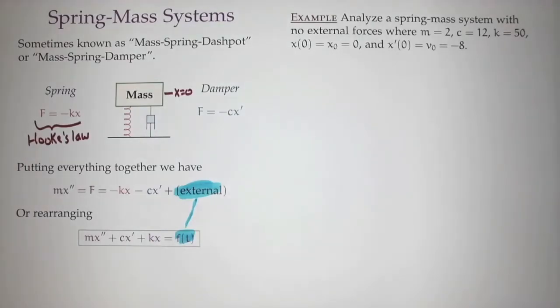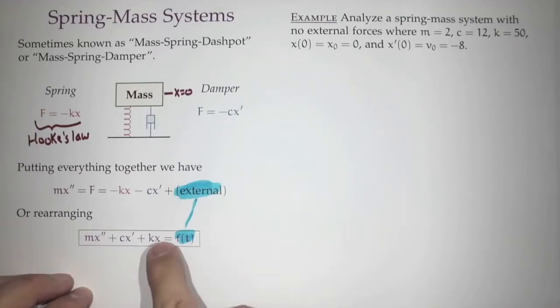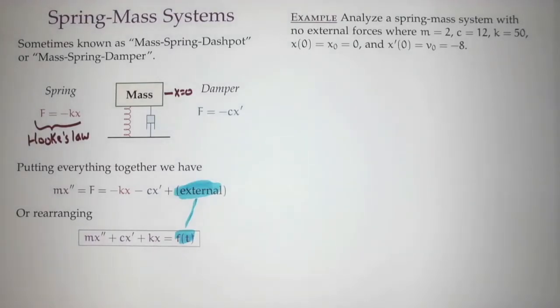So we're not going to do anything non-homogeneous. We're just going to be focusing on mx double prime plus cx prime plus kx equals 0. Basically that's it for us. Once we understand that's the model, we say, hey, that's a second order differential equation, constant coefficients, linear. We love these. This is great.